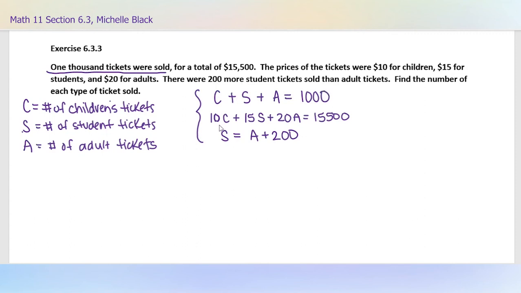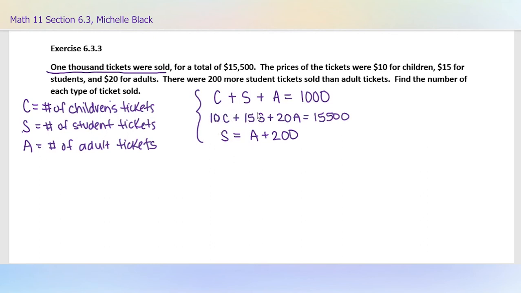The second equation is kind of the same setup as what we used for our objective function in our linear programming problem with the fuel oil and the gasoline, which is that if you multiply the price times the number of tickets sold, that will tell you how much money you gained from selling that type of ticket. So $10 times the number of children's tickets will figure out how much revenue was gained from selling those tickets.